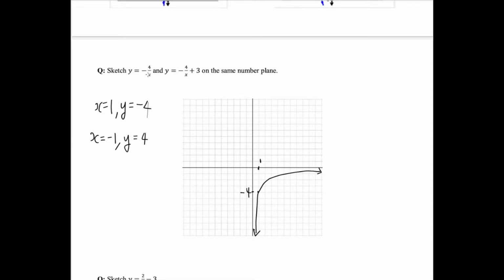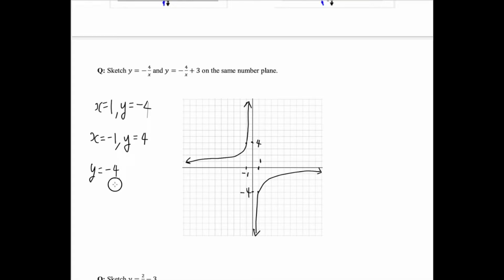Substituting minus 1 in, you get minus 4 over minus 1, which is 4. So you have the point minus 1, 4. This is another point that the graph lies on. So this graph is essentially y equals minus 4 over x.